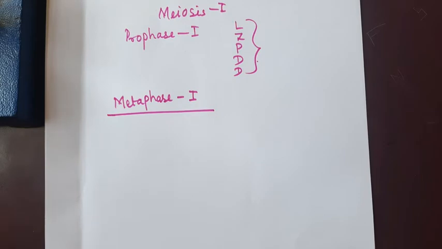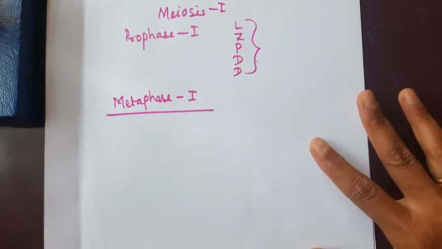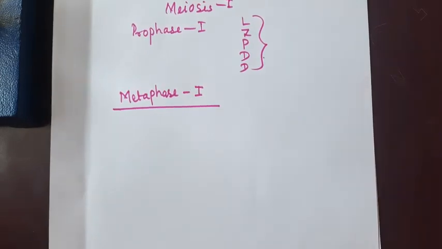The metaphase 1 is the same as in the case of mitosis. In the mitosis we discussed that the chromosome formation occurs, then the chromosomes which are formed by the condensation of chromatin are present in the equatorial plate, by the support of spindle fibers.